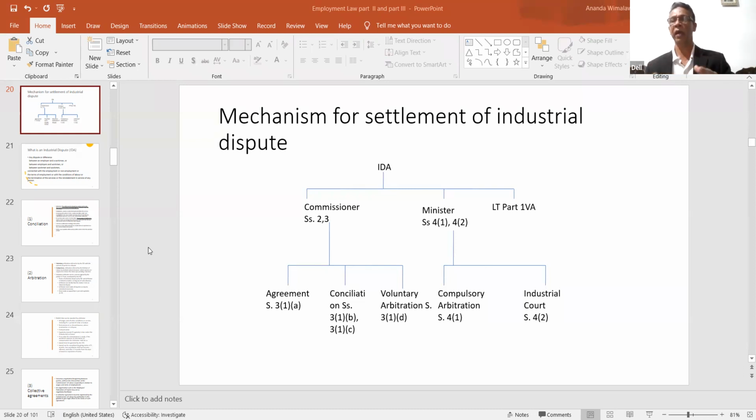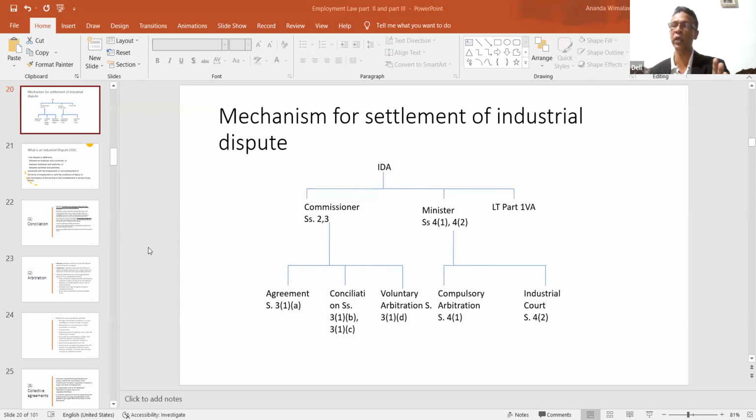We can pick, even an LT president can be appointed as an arbitrator. But if the matter is very significant, with serious consequences on the economy and society, then the matter is major.